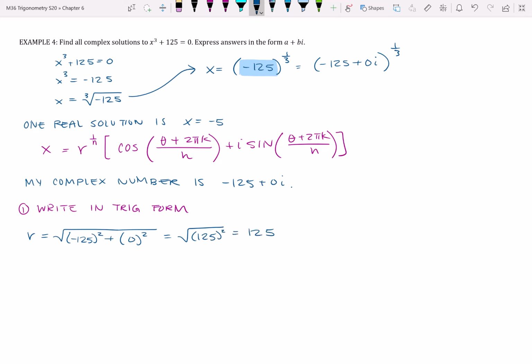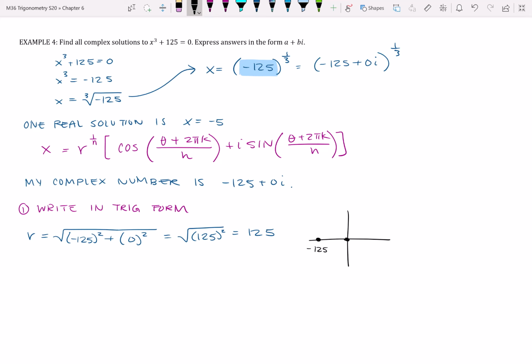And if I graph it, it's going to make sense, because this complex number is going to be on my horizontal axis, which is my real axis, at negative 125. And the distance from the center to that point is just 125, which makes sense that r is 125.